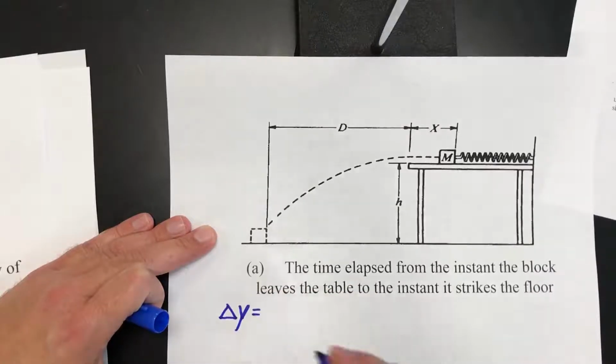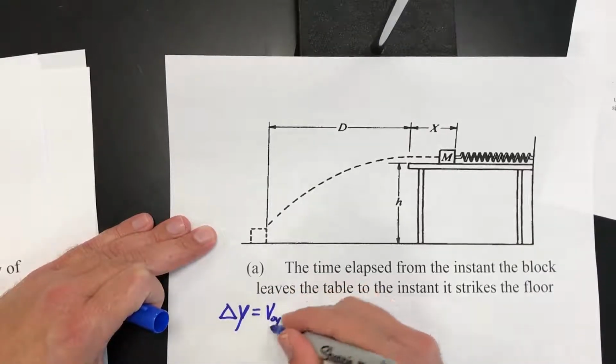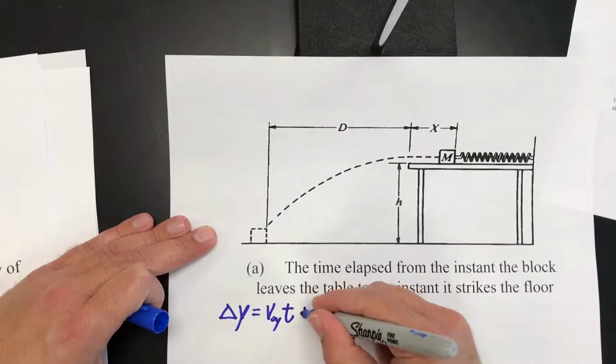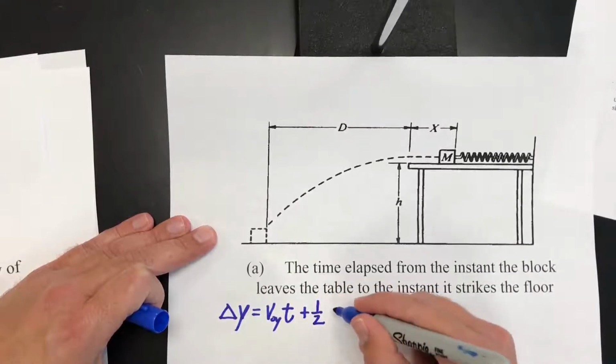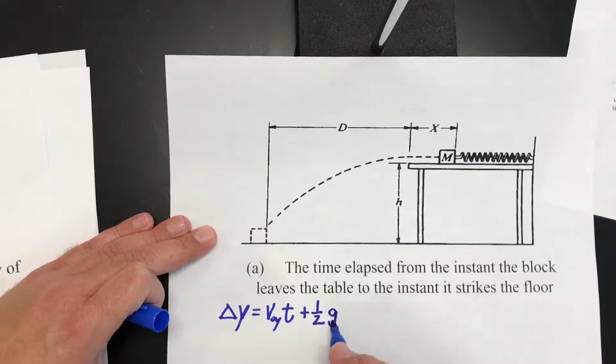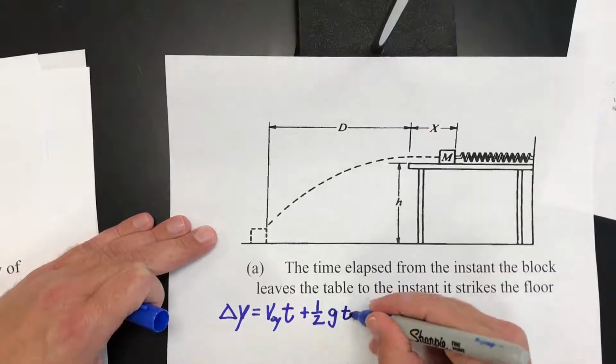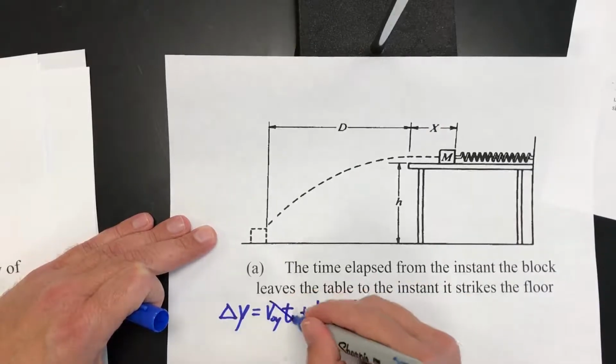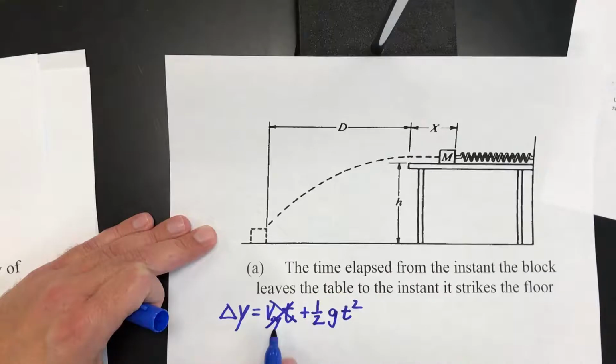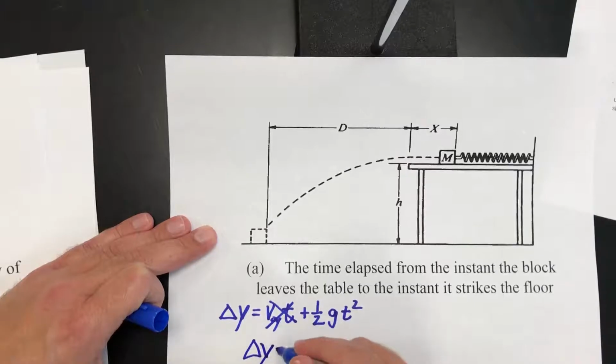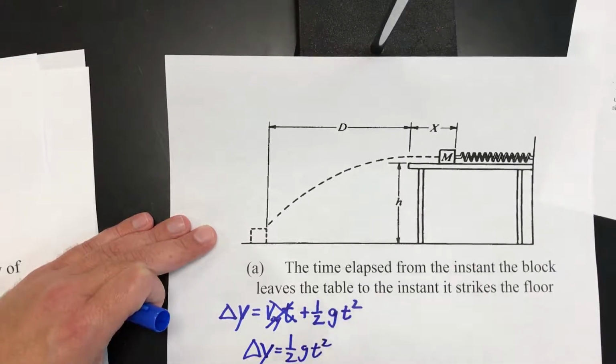So the vertical displacement is the initial y velocity times the time plus 1/2 times the vertical acceleration, which I'm going to call g, times time squared. This will drop out because the initial y velocity for all horizontal projectile problems is 0. So this simplifies down to the vertical displacement is 1/2 times g times the time squared.